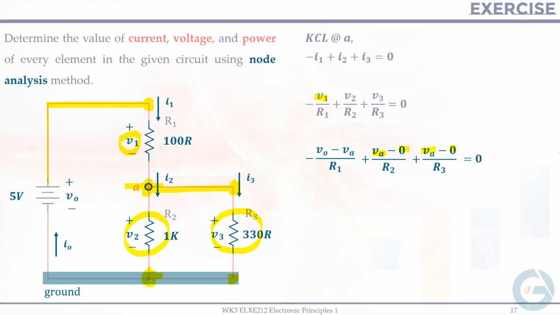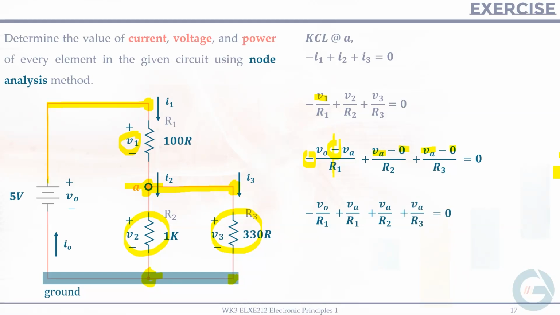And let's separate this term. We have common denominator R1. So we have negative VO over R1. And of course, negative times negative is what? Positive. So we have VA over R1. So let's clean up that 0. VA minus 0 is equivalent to VA over R2 plus VA over R3 equals 0.